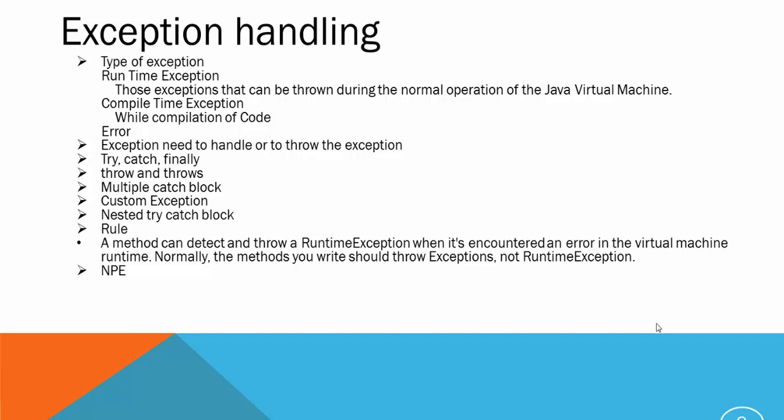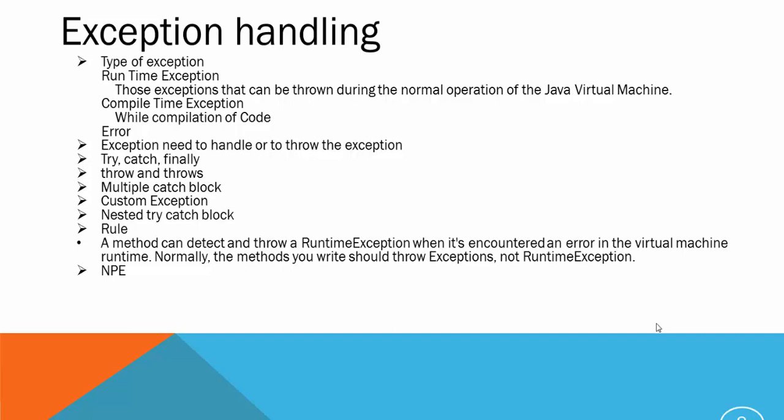Okay, nested try catch block. A nested try catch block is required when you are trying to handle multiple hierarchy levels of execution. Suppose you have some top level code, then some nested code, and again nested code.